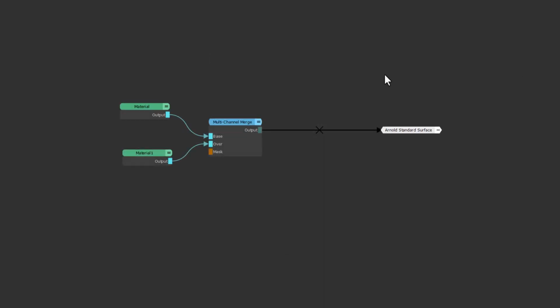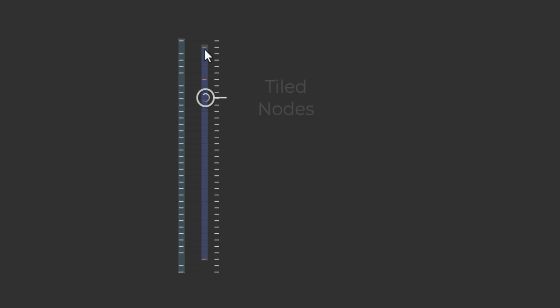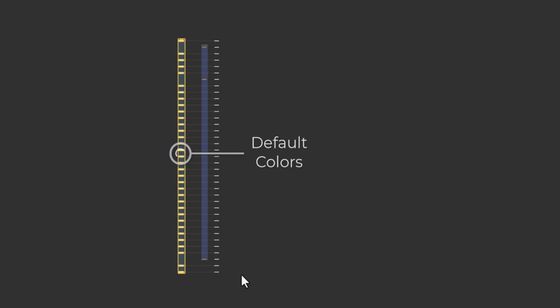Here I have a simple setup with two Arnold materials combined via a multi-channel merge node. If I dive into the material subgraph by selecting the node and pressing hotkey I, we can see I only have some tiled nodes attached to 3 ports: diffuse, roughness, and bump. However, all the other ports also have nodes attached to them to map their default colors.